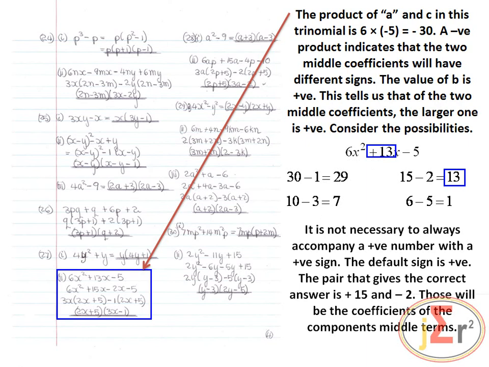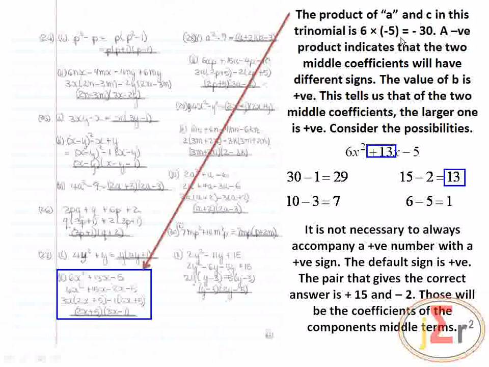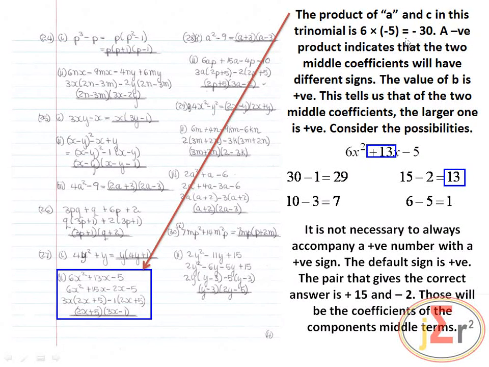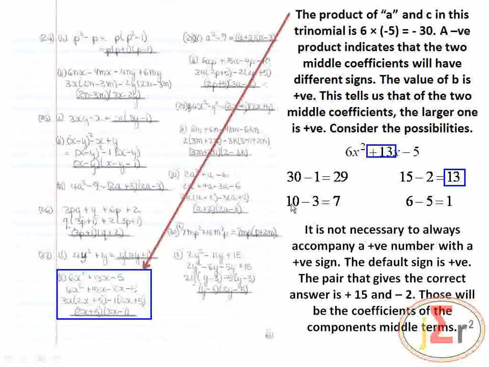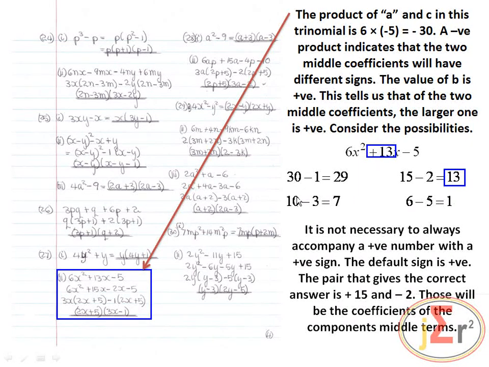Do not forget that the two numbers have a negative product, therefore they must have different signs. Therefore one could not use 10 and 3 to give 13 because they would have to have the same sign. So that cancels our thoughts about a positive 10 and a positive 3.